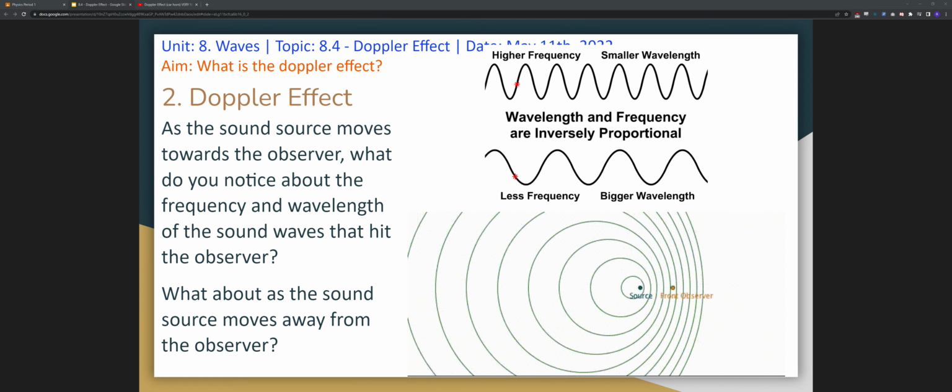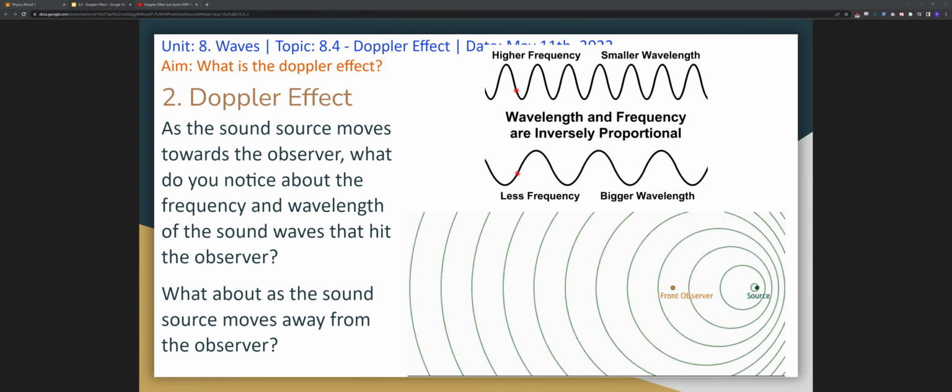So here you have a higher frequency and lower wavelength, which are really inversely proportional. If you have a high frequency, you have a lower wavelength. That makes sense because the sound source is moving towards the observer.